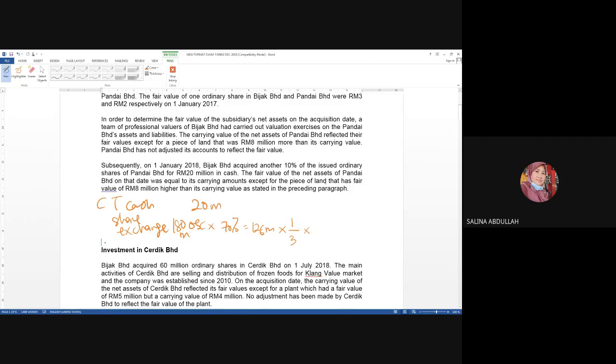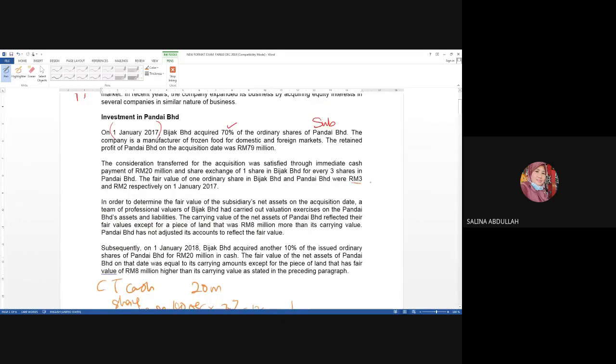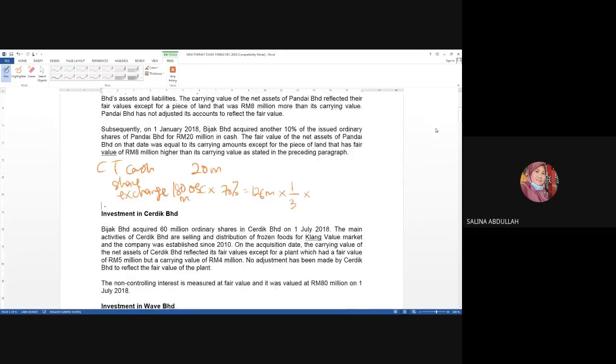And you will multiply with the market price of ordinary share of holding, which is 3 ringgit. So in total here, we have CT of 20 million plus 126 million. It is 146 million. Okay, this is CT.